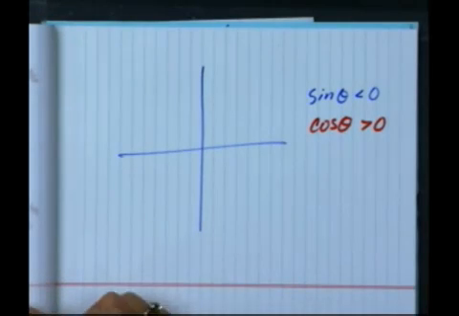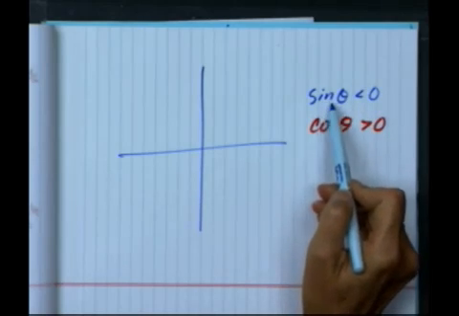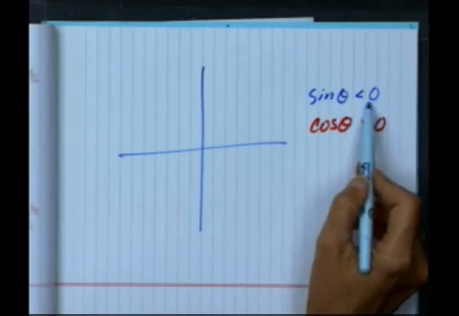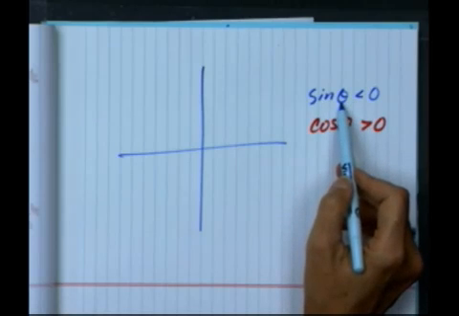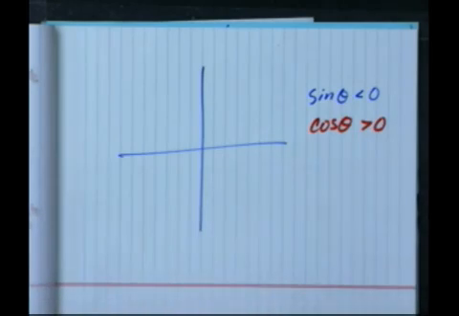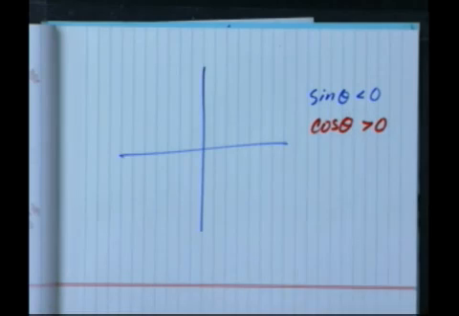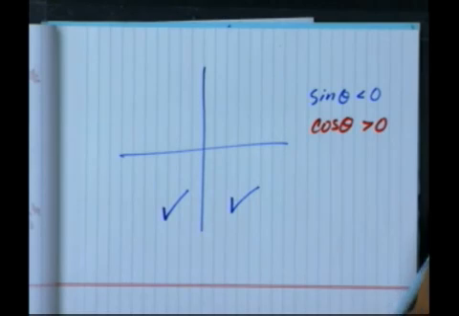Which two quadrants have a negative sine? Where's the sine negative? Are you thinking x's or y values for sine? Y, because sine is opposite. Okay, so which quadrants have negative y values? Third and fourth.